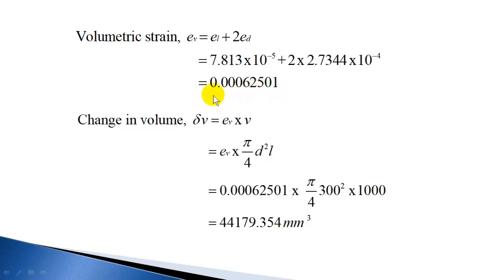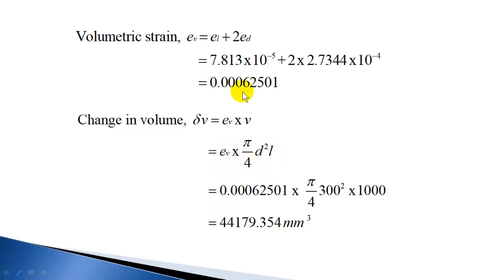This is the volumetric strain, or change in volume per unit volume, so it has no unit. Now to find the change in volume, you can multiply this volumetric strain with the initial volume of the cylinder. So EV into pi by 4 d square L, since pi by 4 d square is the area of cross section, into length, gives the initial volume.